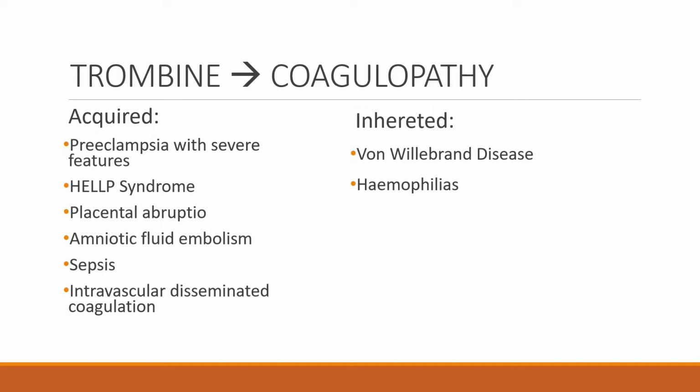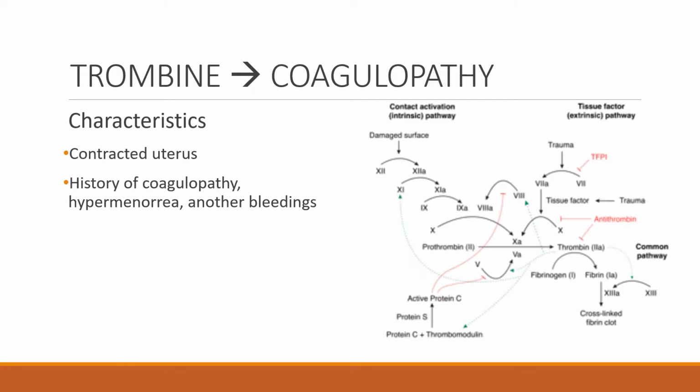We can usually diagnose this kind of coagulopathy by asking the patient about her history. For example, if she bled easily before the delivery, what about her menstruation, if she had hypermenorrhea before, etc. So the characteristics of these 4T, the coagulopathies, we will see a contracted uterus again.